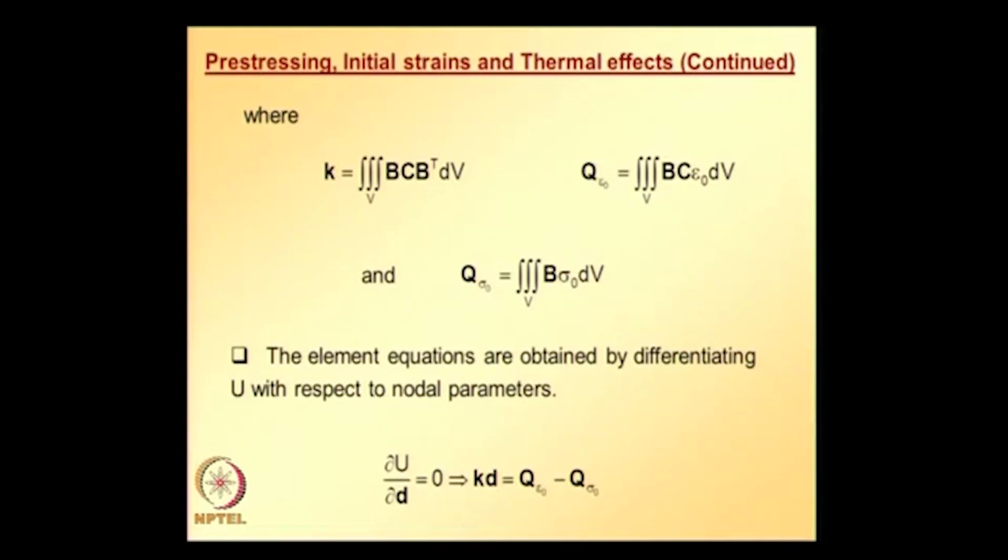Our stiffness matrix is same as before, except that the presence of initial strains and stresses or temperature changes do not have any effect on the element stiffness matrix. That is what we can notice, and also all these effects, that is initial strains or stresses and temperature changes are incorporated into the nodal force vectors or nodal load vectors.